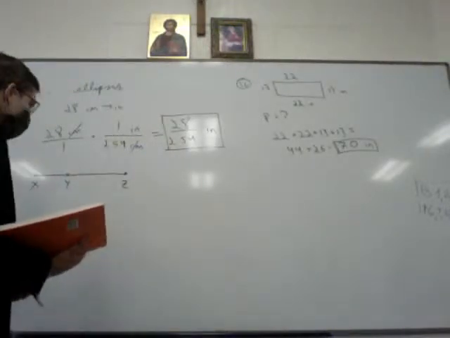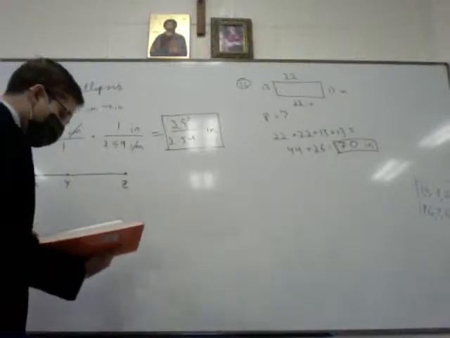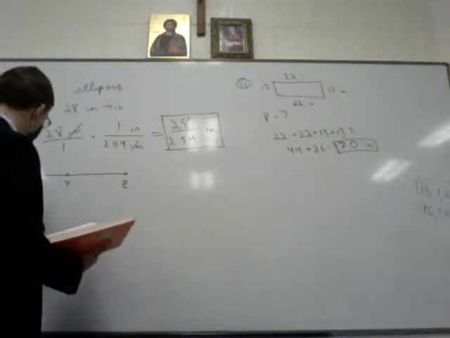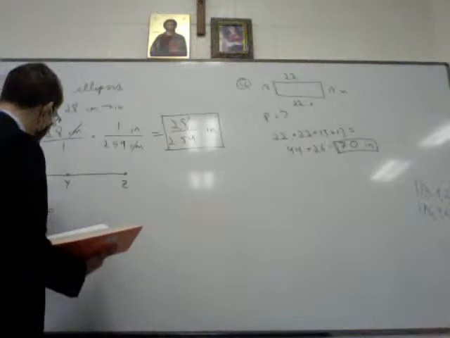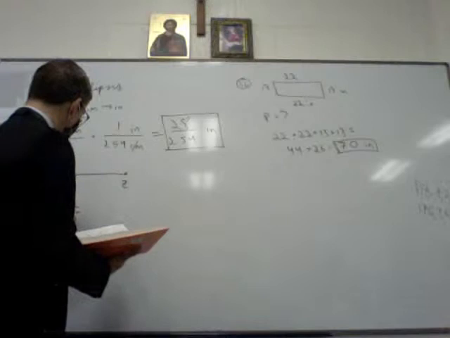All right. Again, always start with just getting your information on the page. So what information do they give us? XZ is 18 and 2 over 5.